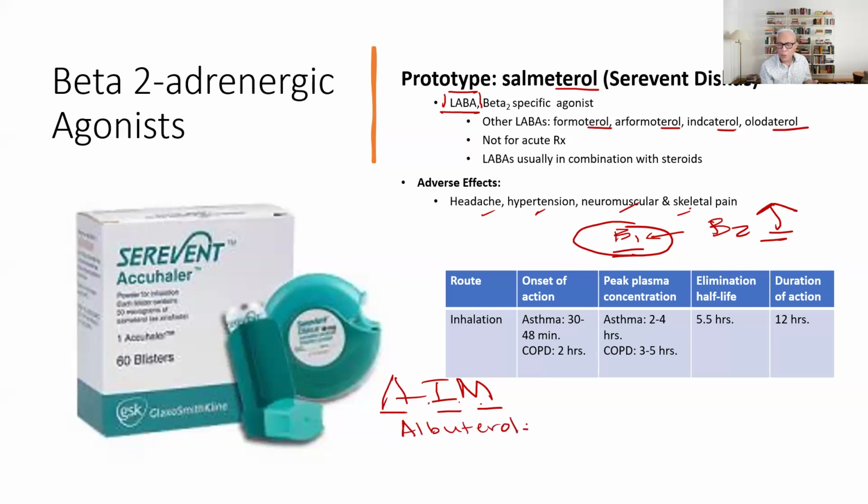So albuterol is going to be a beta agonist. The second one is ipratropium. You remember this -pium? This is an anticholinergic. And then, of course, the M would be your methylprednisolone. So always remember that steroids are going to be last.